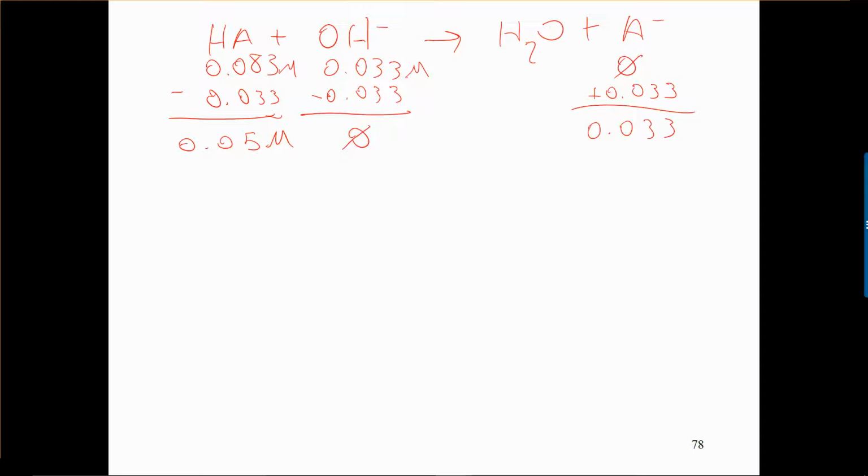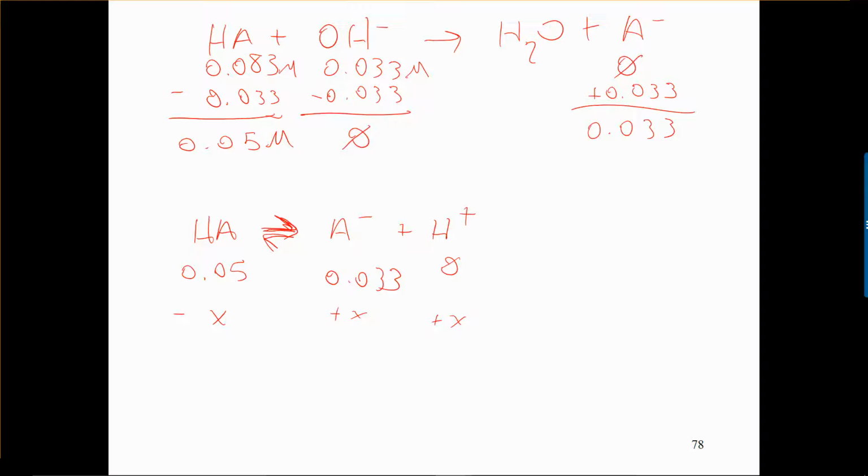Otherwise, this is how I would set it up: HA dissociates into A minus plus H plus, and I would have the concentrations of 0.05 and 0.033, with minus x, plus x, and this is 0, so plus x.